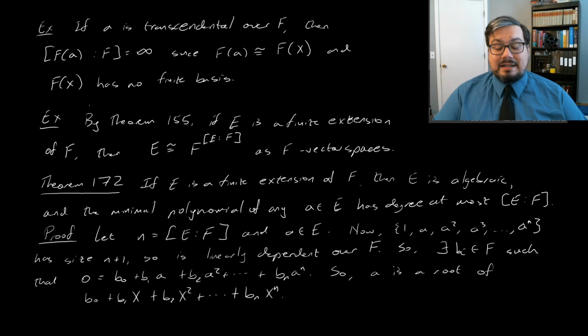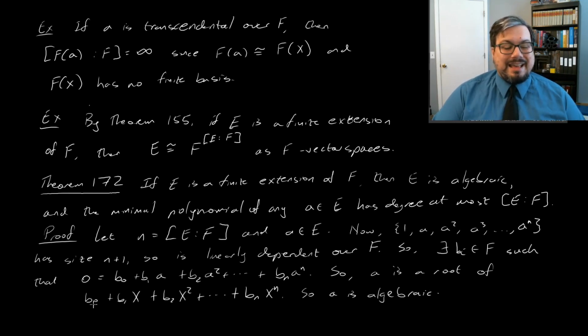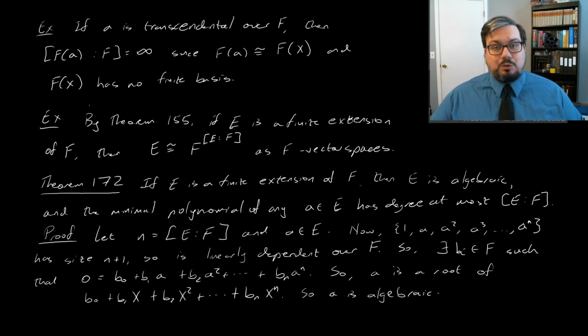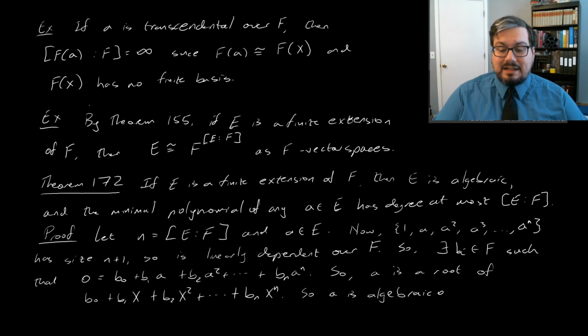That means that a is algebraic. And furthermore, because a is the root of some polynomial of degree n, the minimal polynomial of a must have degree less than or equal to n. I should say a is algebraic over F.